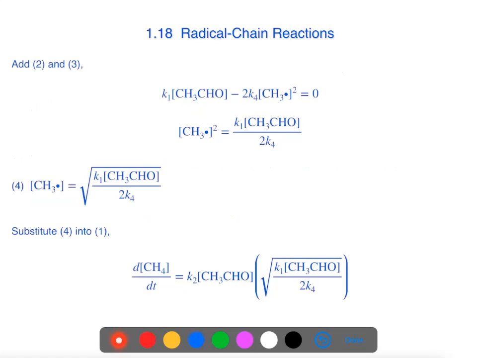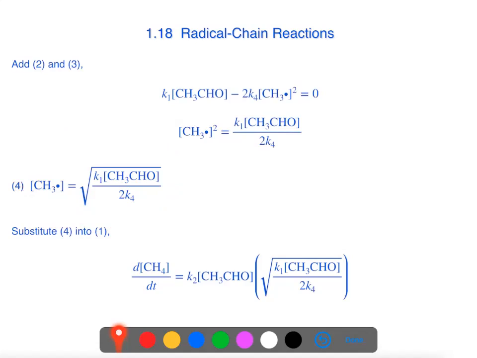So now we can easily solve for the methyl radical concentration by bringing this term over to the right-hand side, or vice versa. We're left with a squared term for the concentration of the methyl radical, and we can solve for the methyl radical concentration by taking the square root of both sides. So that leaves us with the following expression for the methyl radical concentration, equation 4.